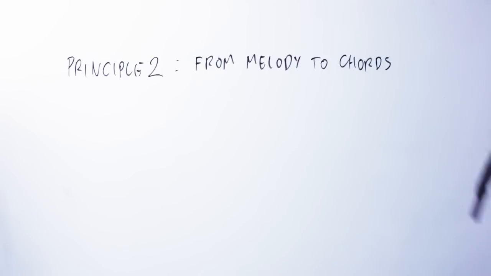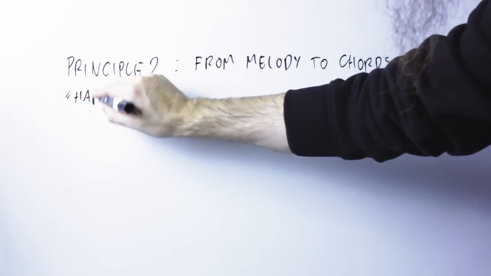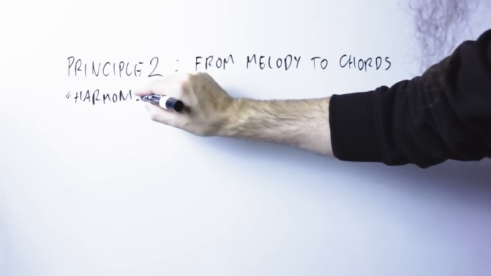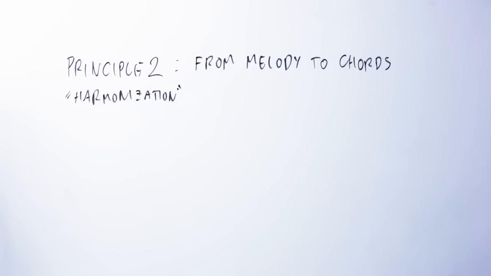This is a procedure called harmonization. Okay? You have a melody, you want to find the chord. You are a singer-songwriter and you are singing a melody, you want to find what chords work under that. You are a guitar player, you're writing a solo and you want to find what chords work under that. Because most of the time we work from the chord to the solo, but sometimes we work from the solo to the chords. We can.